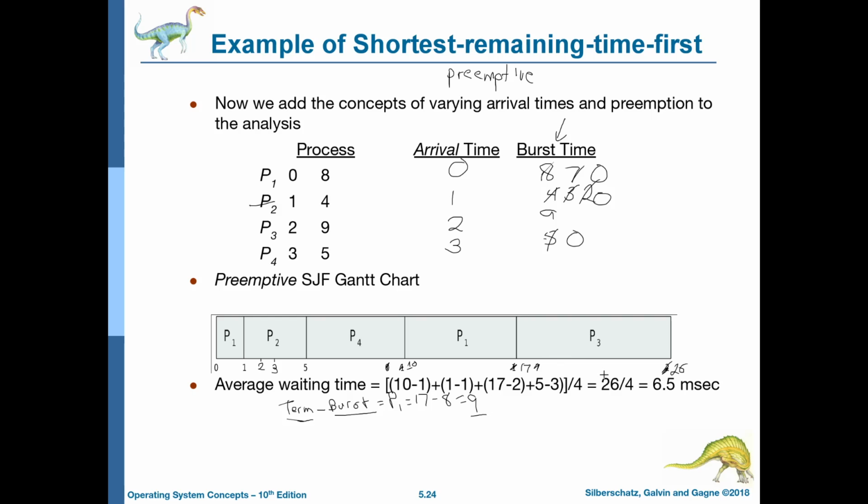In any case, the average waiting time here is 6.5, which, if you take a look at shortest job first, which was 3, is not as good as shortest job first, but it is certainly a whole bunch better than first come, first serve. So we found ourselves a fairly good middle ground here.